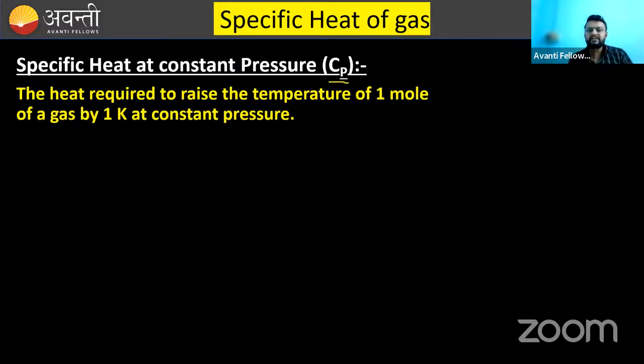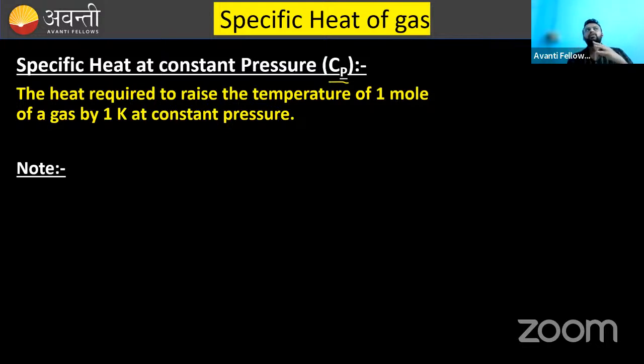The same definition, but only the pressure remains constant this time. Now we have two types of specific heat capacity: one at constant pressure and one at constant volume, denoted as Cp and Cv.